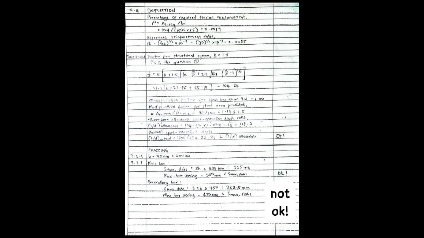This is the deflection for this two-way slab design. Percentage of required tension reinforcement is 0.0019 and reference reinforcement ratio is 0.0055. Based on Eurocode 2 notes from the table 7.4n, the factor for structural system K equal to 1.3, and we use the formula from equation 1, and we got the value 104.64.